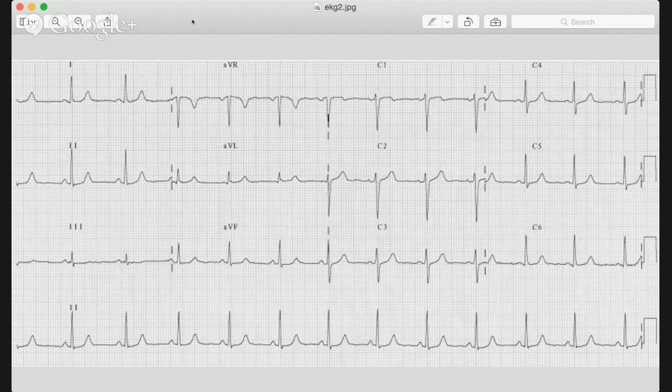Okay, step number 4, for all intents and purposes, we're going to just look at left ventricular hypertrophy, okay? So we're going to look at V1 and V5, and we're going to count the S deflection in V1 and the R deflection in V5. We're going to count the amount of large boxes that they consume.